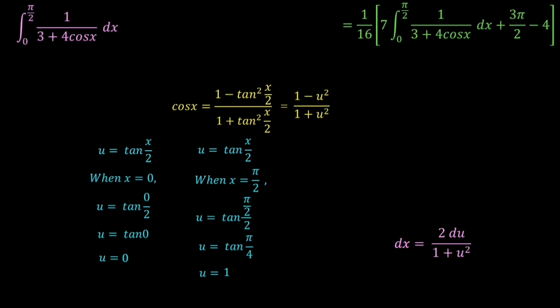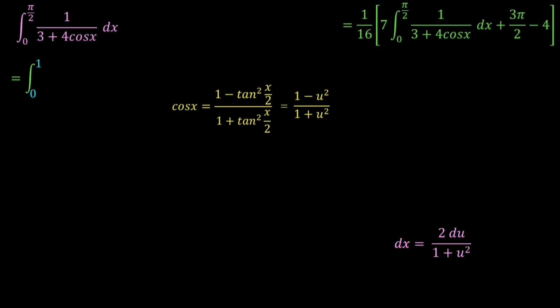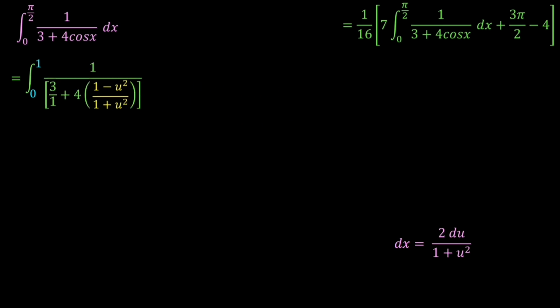Now, we have lower limit 0, upper limit 1. Instead of the cos x term, we can substitute (1 minus u squared) over (1 plus u squared). Instead of dx, we can substitute 2 du over 1 plus u squared.